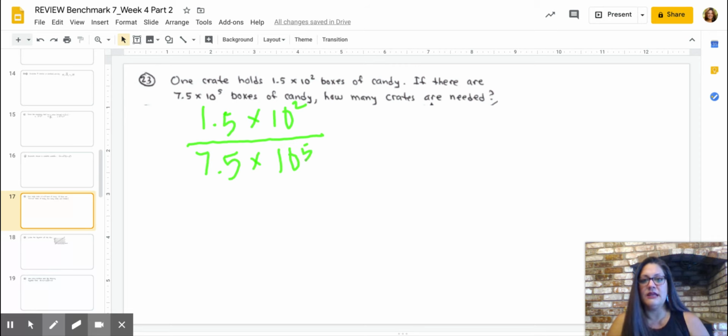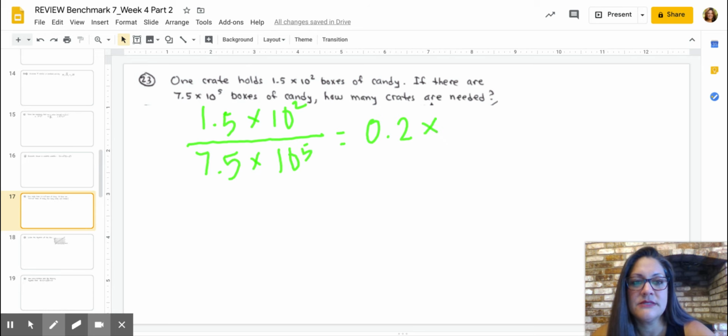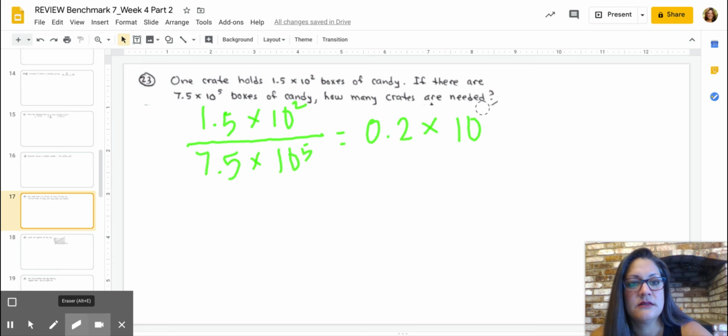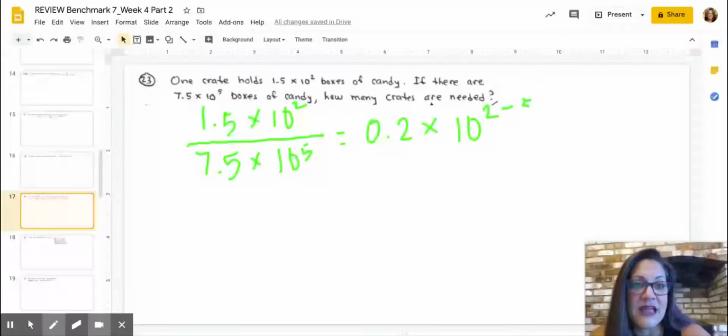And that equals 0.2 times 10 to the 2. Rewrite that one: minus 5, or plus a negative 5.